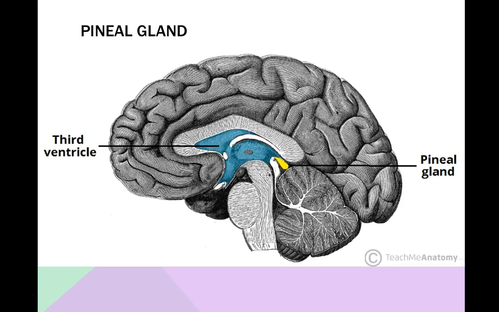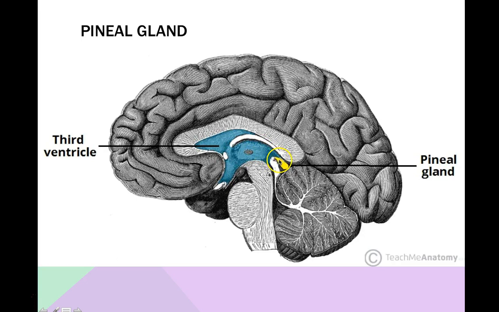So the first gland we will take a look at is the pineal gland, and that is highlighted for you in yellow here. The way I like to identify this in lab is I look for the thalamus, which I know is a structure we haven't quite seen yet, but I look for the thalamus, which is this oval-shaped structure, and it has a little knob in the center, and we'll learn all about this in our nervous system.